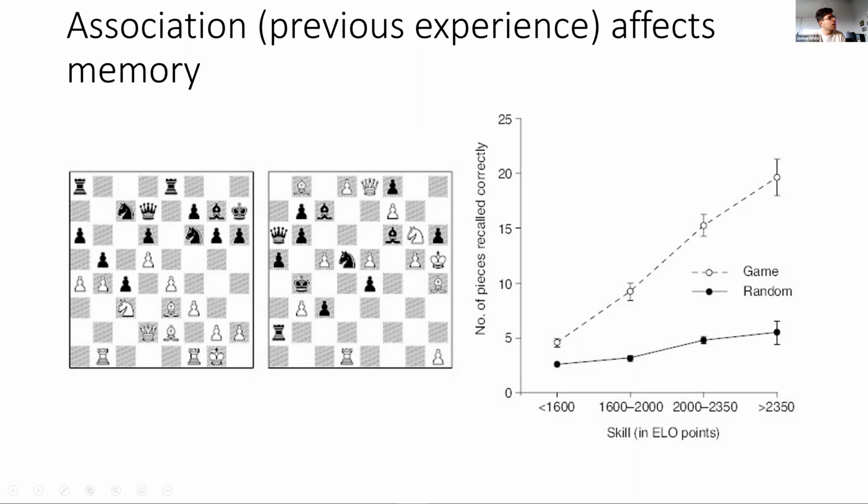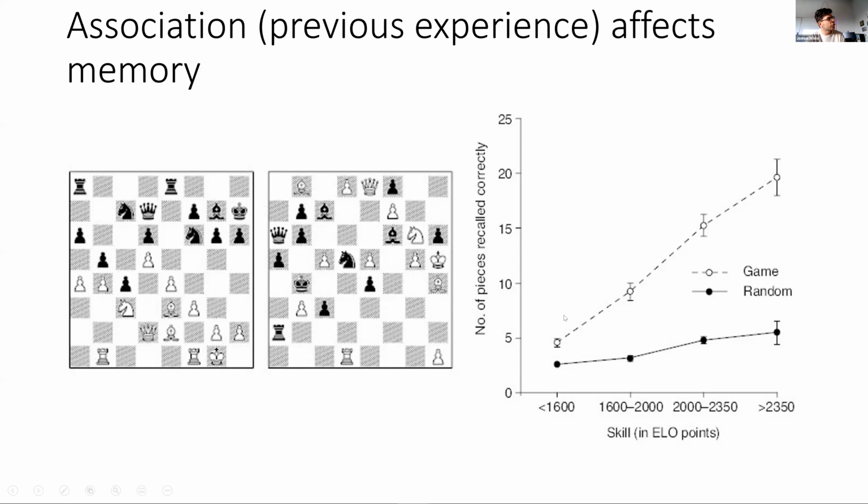Quite difficult. If the person has a very strong skill level in chess and they are presented with an image of a real scenario that could happen in a real game, they're much more likely to remember it than if it's random or if the person has a low skill level like here, right?